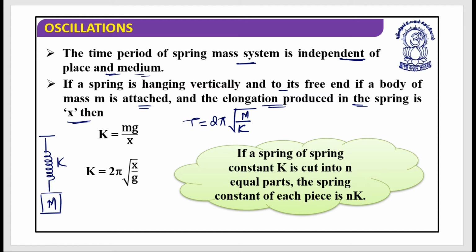A force mg acts in the downward direction, and the spring force k x acts in the upward direction. So k x equals m g, and from this k equals m g by x. If I replace this value in the time period formula, T equals 2 pi root of x by g. I hope this is clear.